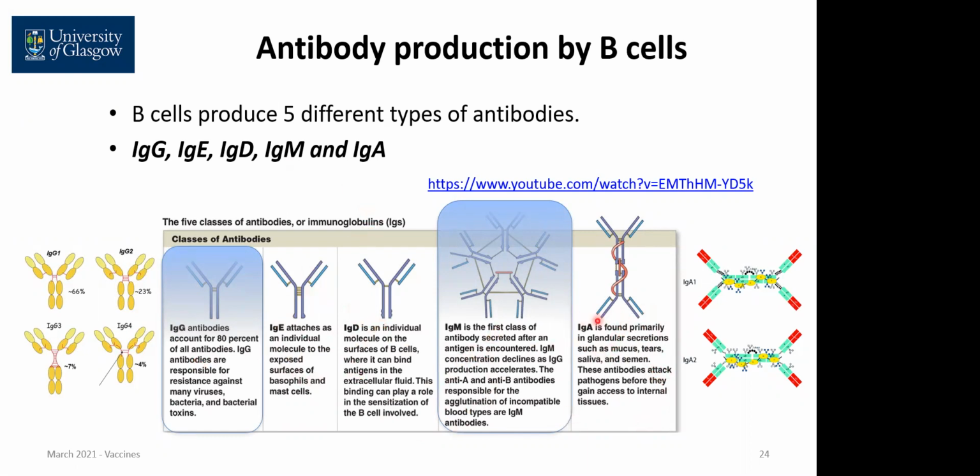IgA you're probably aware of because it's found in saliva. IgD is essentially the receptor that's found on B cells. So this receptor is what will recognize certain antigens before the process of phagocytosis. IgE is important in hypersensitivity reactions and in allergies. But the 2 we're most interested in here within the context of vaccinations are IgG and IgM.